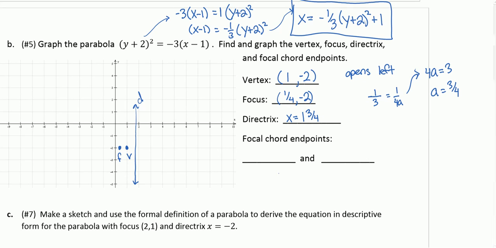Lastly, we want our focal chord endpoints. So we take a and times it by 2, which is 2 times 3/4, which is 6/4, which reduces to 3/2, or 1.5.